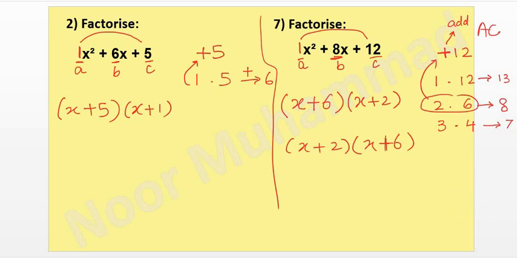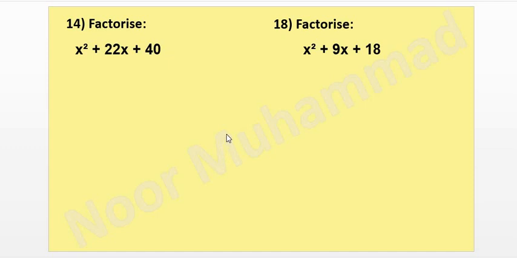Okay, let me explain one more question and then I want you to solve the next one on your own. Now what is the coefficient of x squared here? It's 1, right? So multiply 1 with the 40. It will be positive 40. Now make the factors for 40. You have to make the list. Look at this.